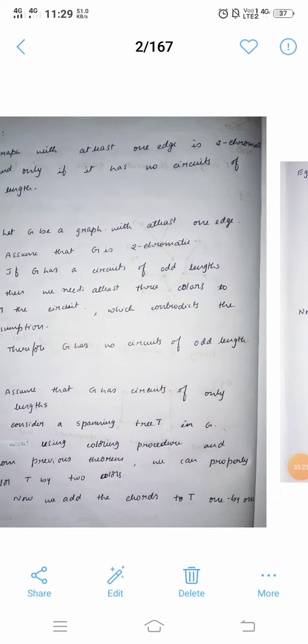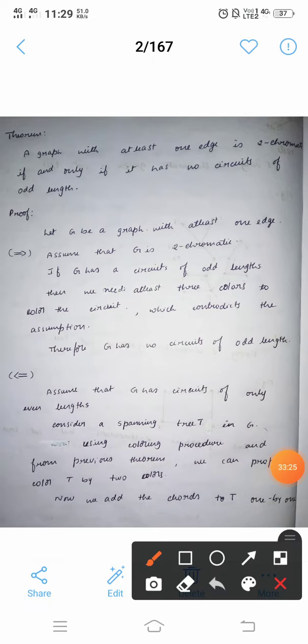Using that observation, this contradicts that the graph is two chromatic, because if a graph has a circuit of odd length, that circuit itself needs three colors to paint. Therefore, obviously the graph needs three or more colors for proper coloring, which contradicts the fact that the graph G is two chromatic.